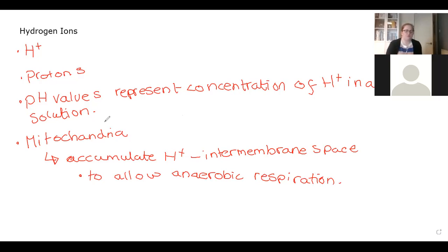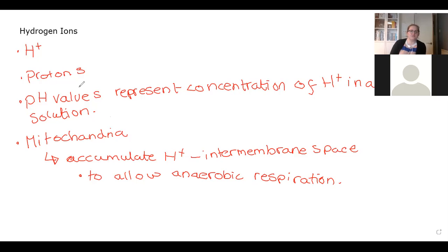It's the site of aerobic respiration. It's the site of anaerobic respiration. If anaerobic respiration is to go ahead, we need this influx of hydrogen ions present there as well. So they store them there so that if anaerobic respiration does need to take place, we've got this store of hydrogen ions to help it.